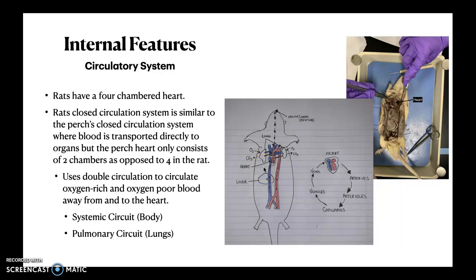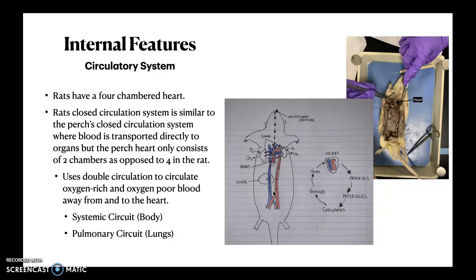So looking at this, we have the systemic circuit, which flows down to the body, and basically that blood flows into the arteries that take blood away from the heart into smaller artery channels, and then finally into the capillaries.